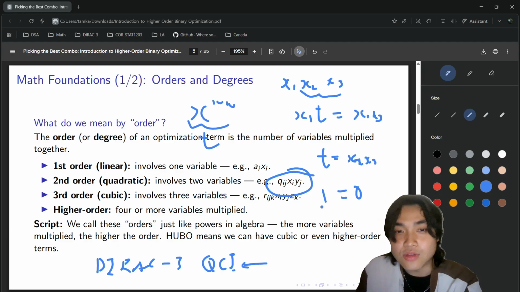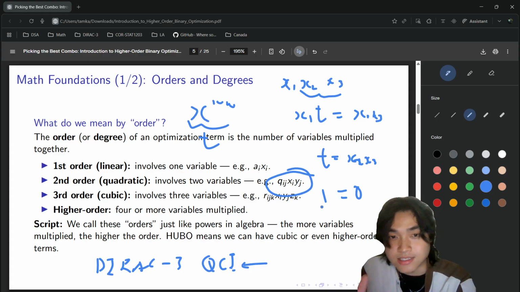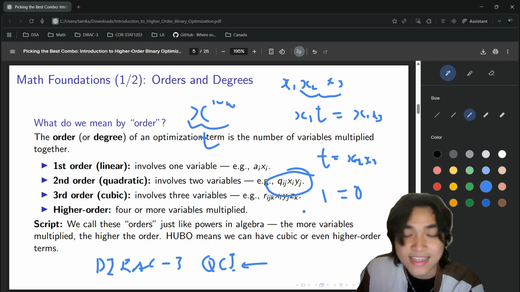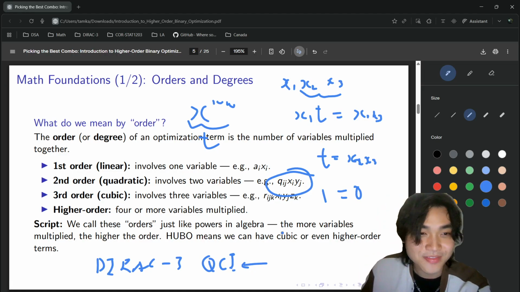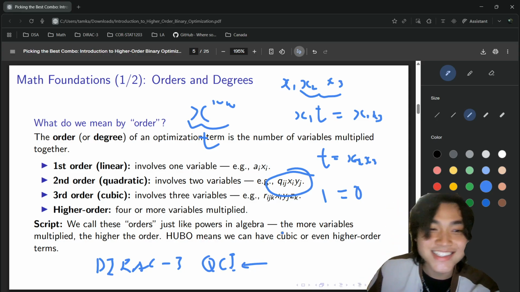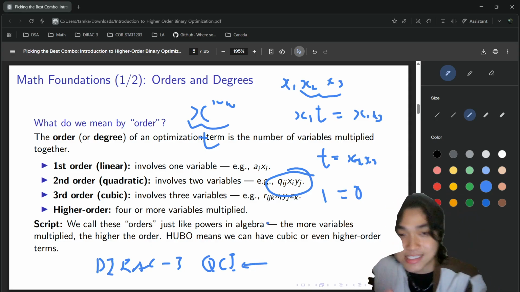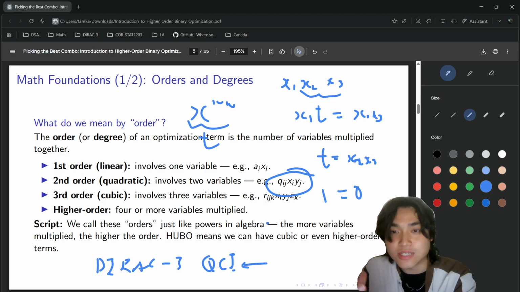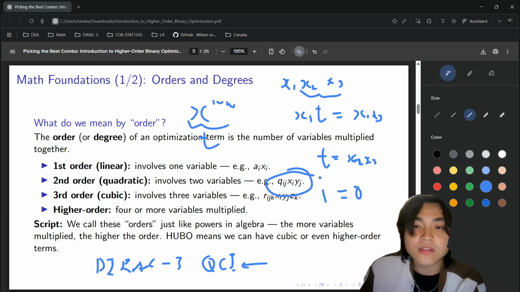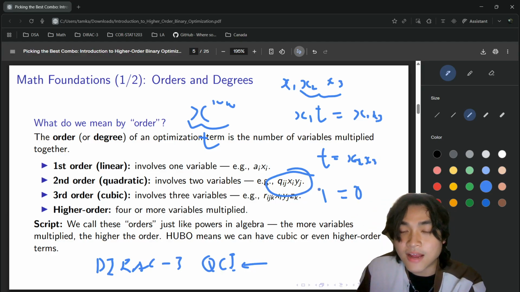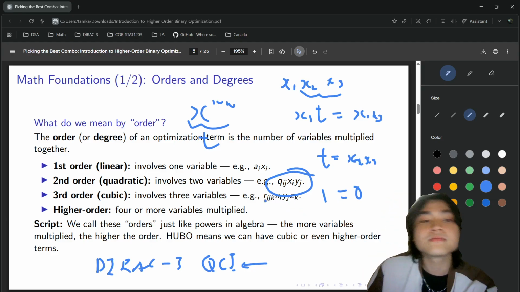But I'll share with you how we deal with this issue, which is what we call a gadget. Quite cool, like Inspector Gadget, it's like your spy. Anyways, I'll be sharing it later. Essentially, we are introducing a penalty to the equation itself, such that it punishes the solver whenever the left hand side and right hand side do not match.